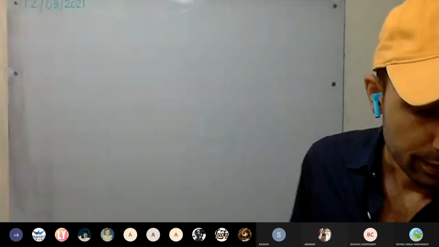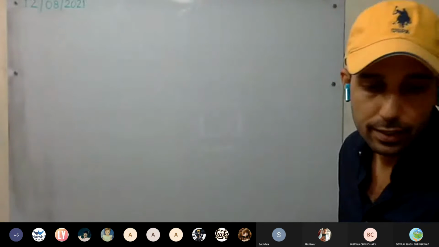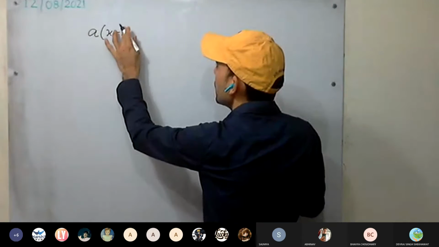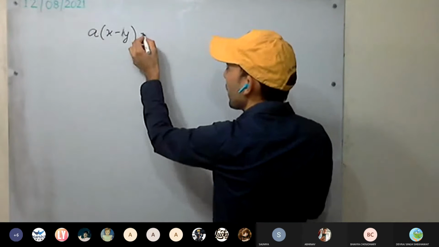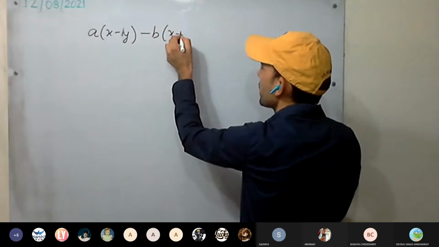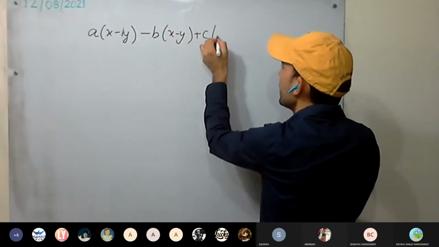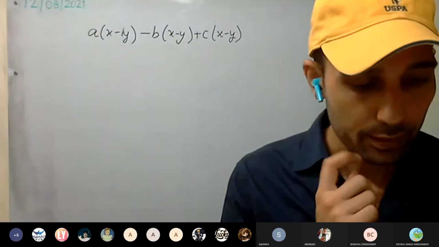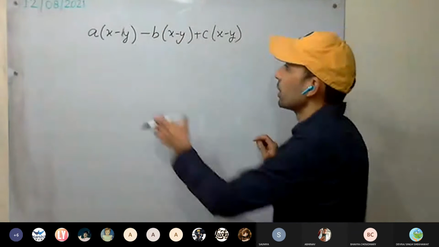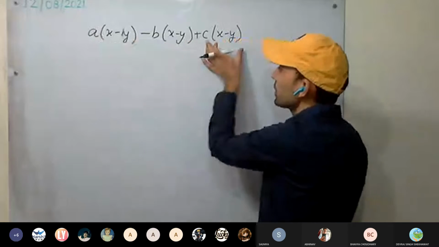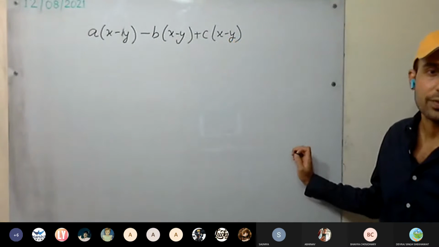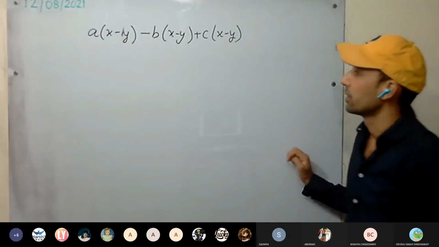Three terms are given: a(x minus y) minus b(x minus y) plus c(x minus y). This is the expression. First term, second term, third term. What is common in all these three terms? x minus y.